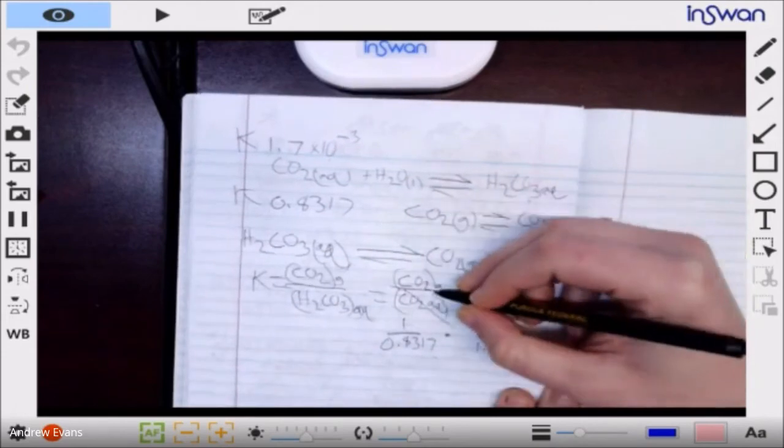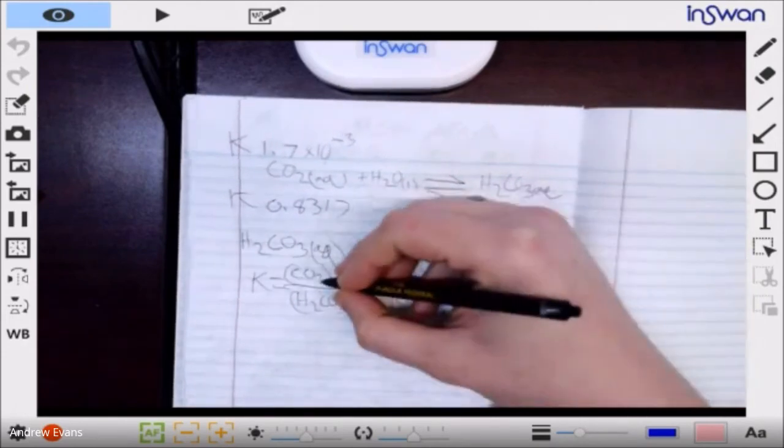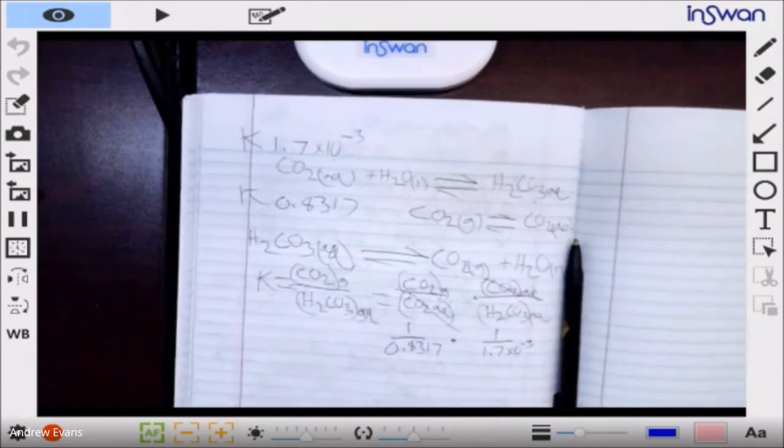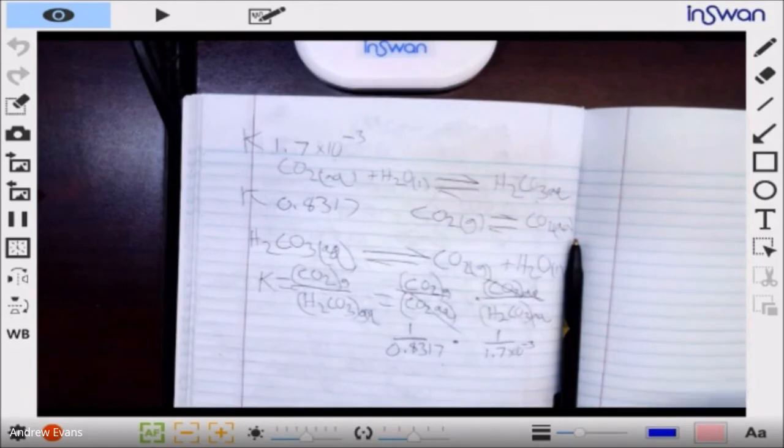And if I'm multiplying these two together to get this, so I'm multiplying those two Ks, so 1 over 0.8317 times 1 over 1.7 times 10 to the negative third.